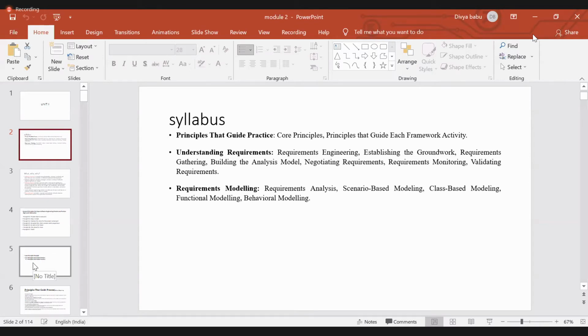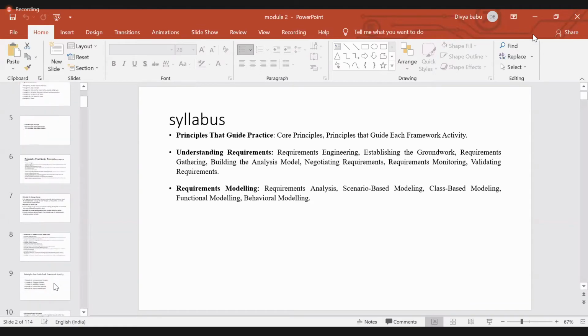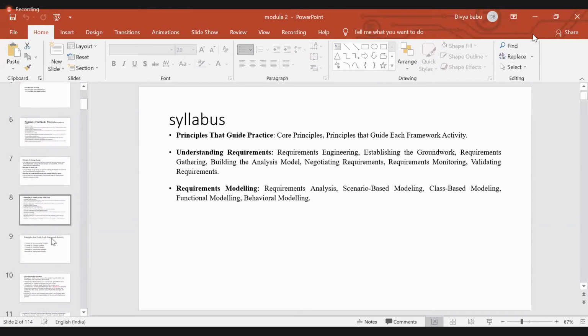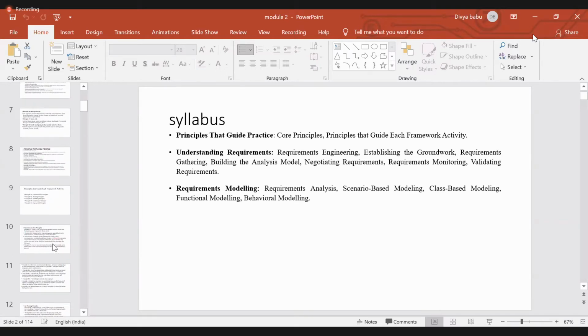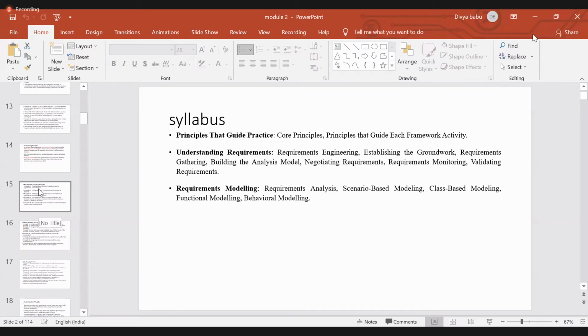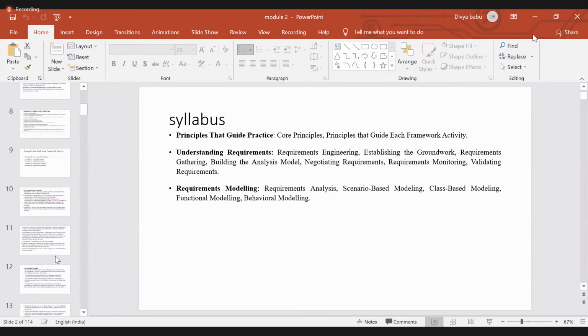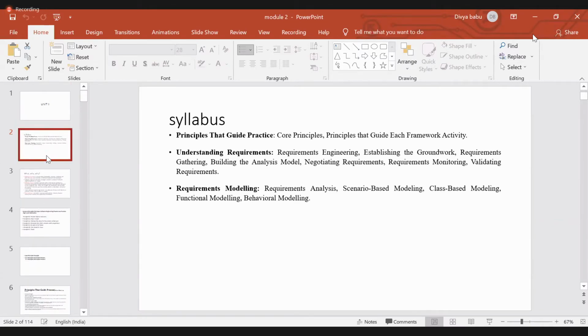For one section, I already started and completed three steps: inception, elicitation, and elaboration. I'm not sure whether it is your section or not. That's why I'm asking. Have I completed it or not? Anyone? No one is in the class.